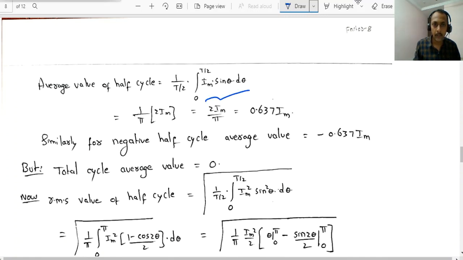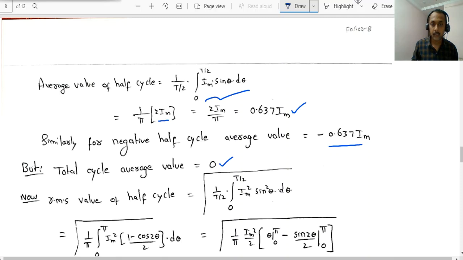This area we got as 2 times Im. Now it is simply 2 Im by pi. If it is current. If it is voltage, 2 times Vm by pi. That's it. Just in the place of current, you write the voltage. 0.637. If it is a negative half cycle, the average value will be minus 0.637. If you consider the total cycle, the average value will be 0.